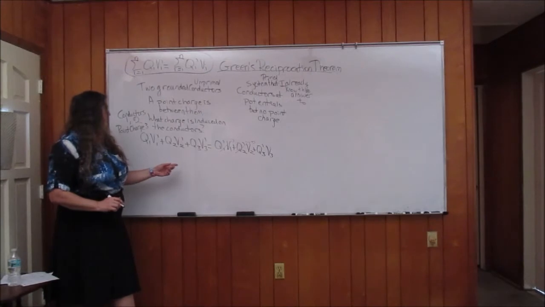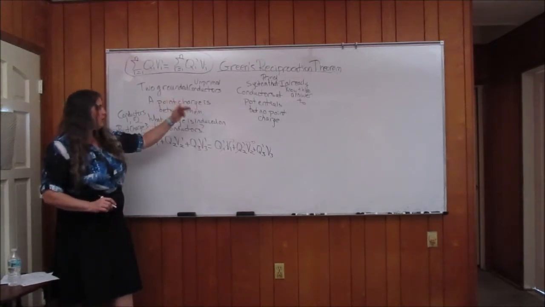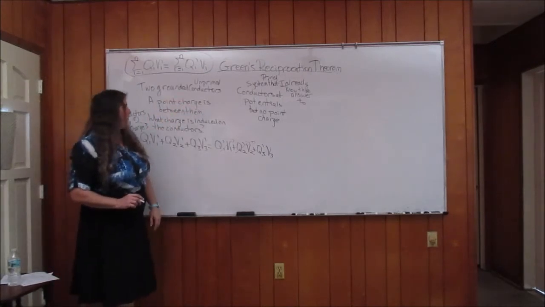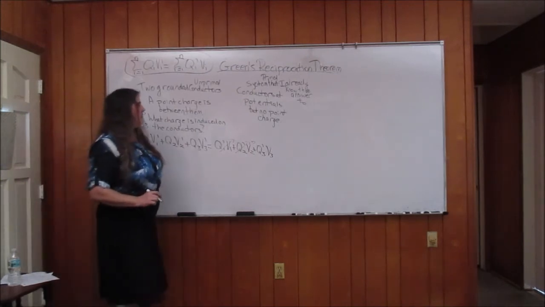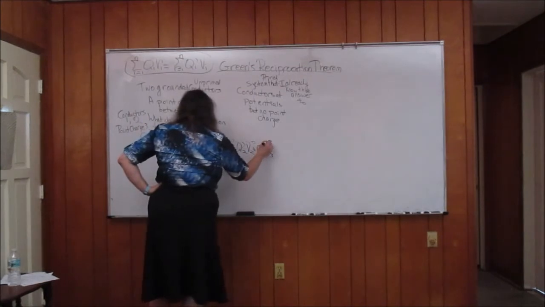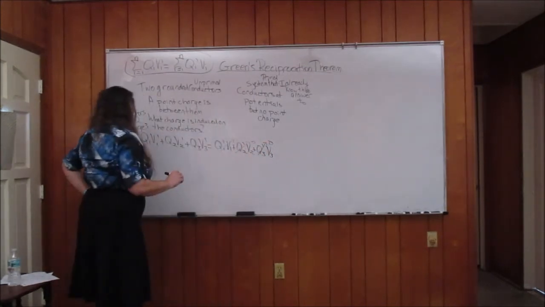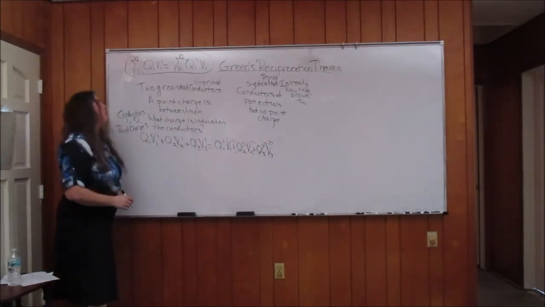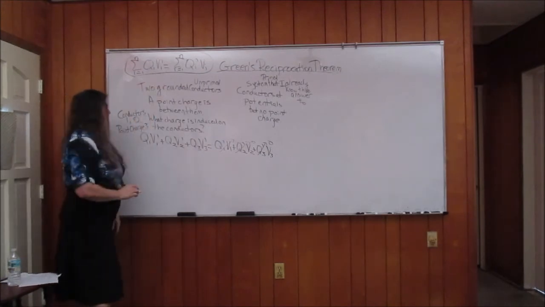What else is equal to 0? Well, in our prime system, we're assuming that there is no point charge at a particular point. So Q3 prime is equal to 0. So now I've eliminated 3 terms out of this equation.